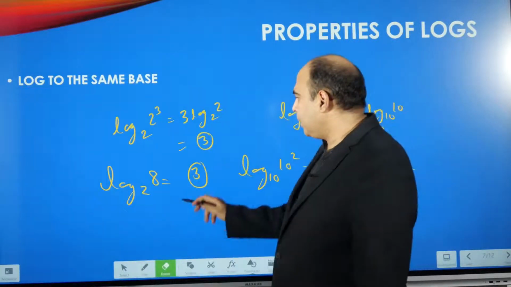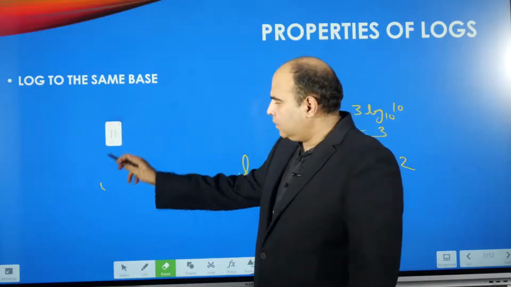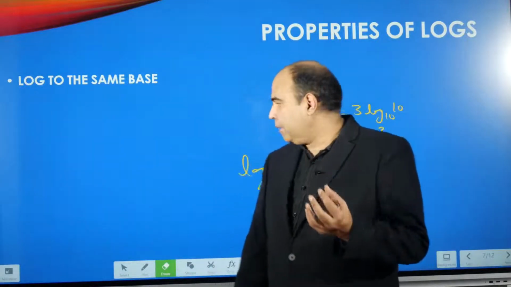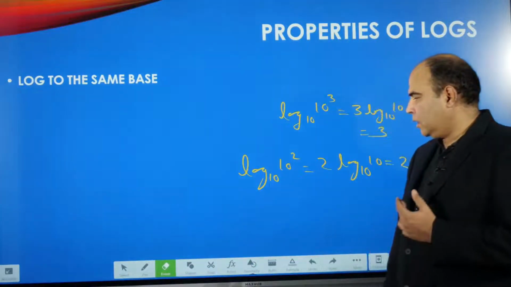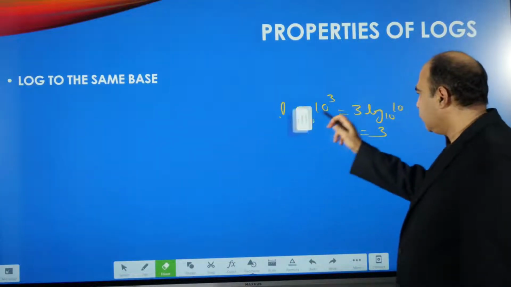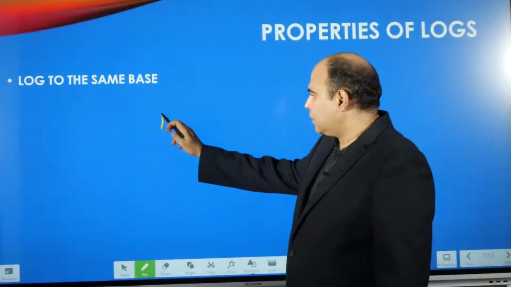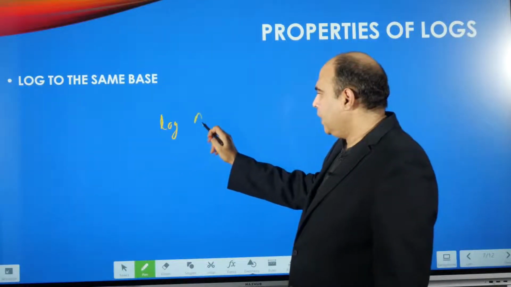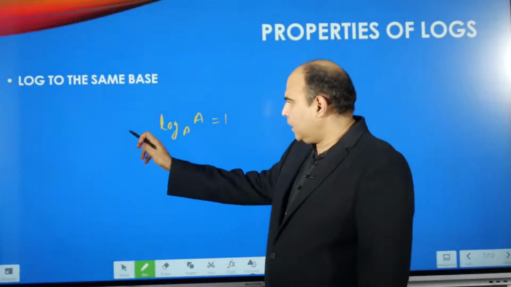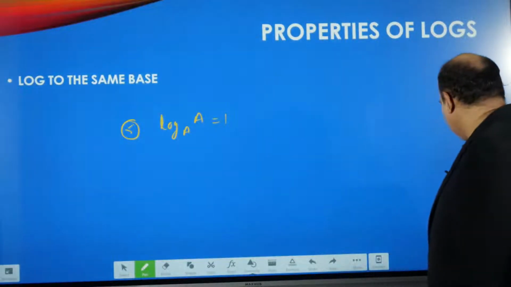So these kinds of transformations are available based on the indices rule, log a raised to b is b log a, and based on the second rule where you have log a to the base a as 1. This is the major point that you need to remember.